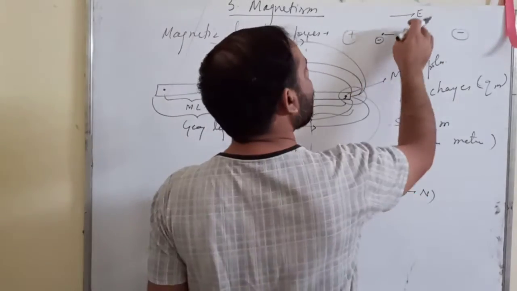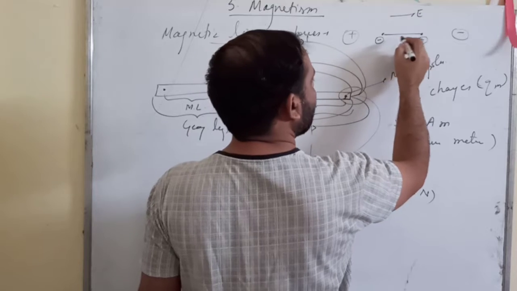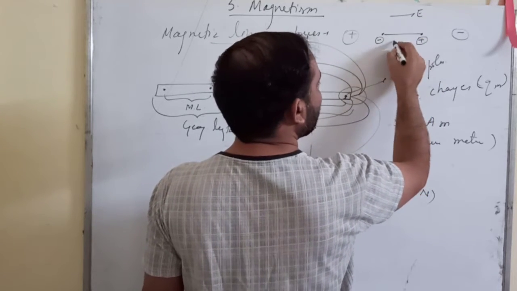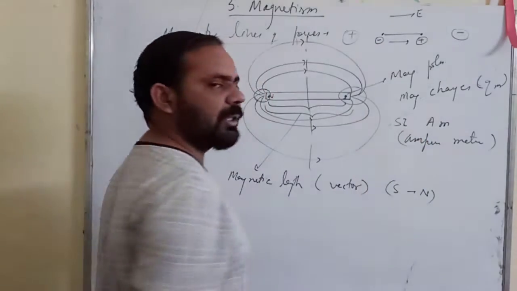So to keep the direction similar, we take the direction of the length of the dipole from negative to positive.